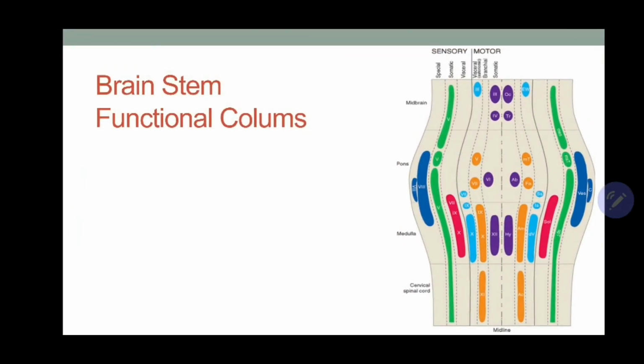Now here in this diagram you are seeing a section of brainstem, right? Upper portion is the midbrain, then this nodular, bulged portion is the pons, the lower portion is the medulla, right?